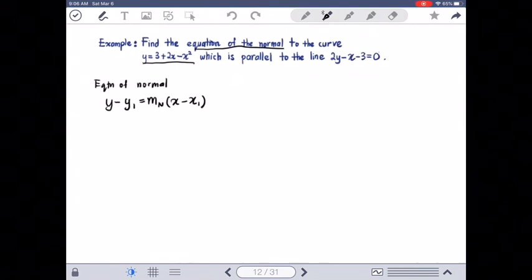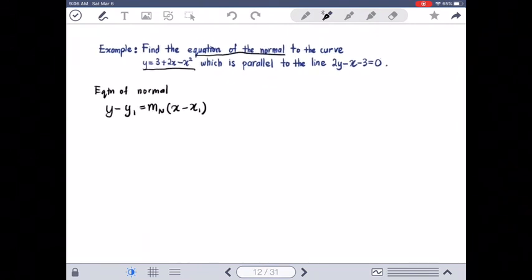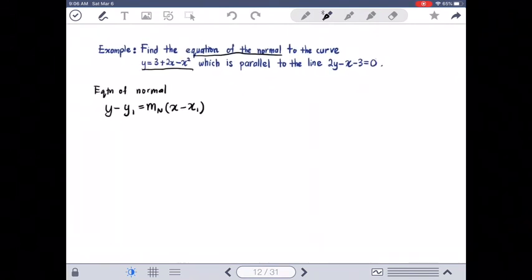Before we start, let's have a look at the basic idea of the graph. Suppose that we have this curve. This curve is a sad graph because the coefficient of x squared is negative 1. Therefore, probably the curve looks like this. So this is just y equals 3 plus 2x minus x squared.